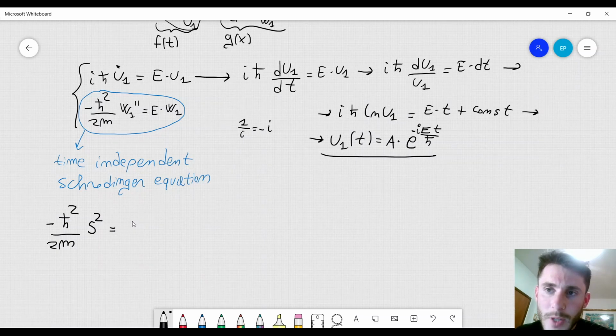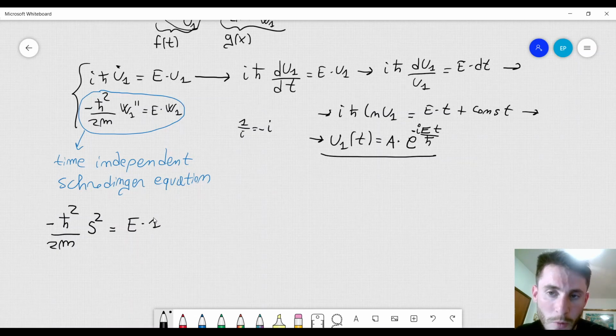Whereas we will have to replace w1, if you want you can think of it as the zero order derivative, by s to the power 0. So this power 0 here is just the order of the derivative. And of course the function itself is the zero order derivative. So we have s to the power 0, which is just equal to 1.